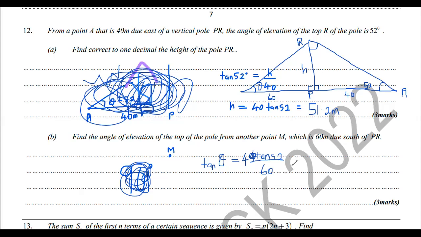I have a problem with the calculator. That gives us 0.85. Whatever method you use, you are going to have the same answer. So this is equal to 0.853. Let me approximate to 0.8533.